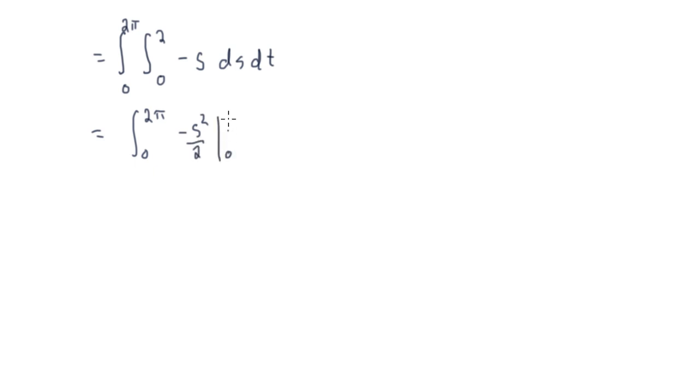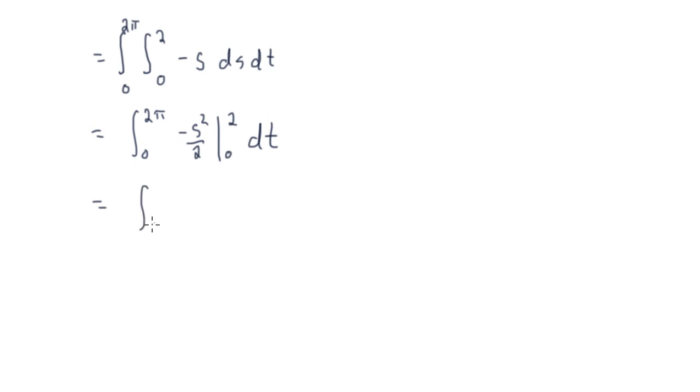So now we're ready to set up the surface integral, which is just going to be the double integral over s and t. So s goes from 0 to 2, t goes from 0 to 2 pi. So this is what our original line integral is equal to. The integrand is minus s, then we have ds, dt. So this is minus s squared over 2, evaluated from 0 to 2.